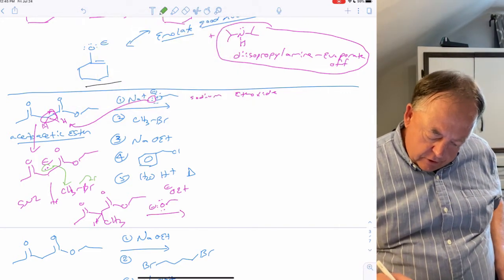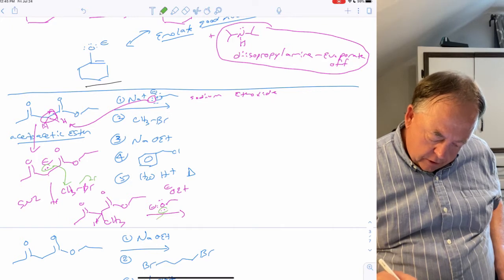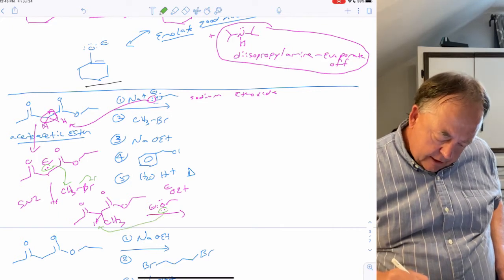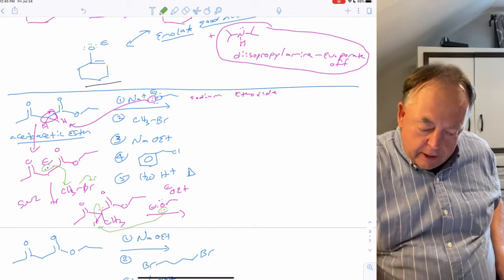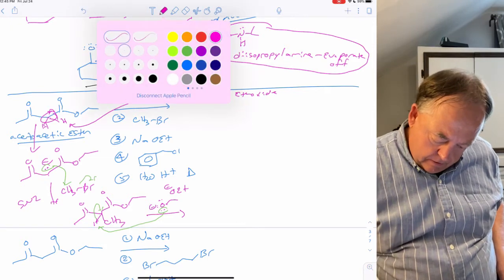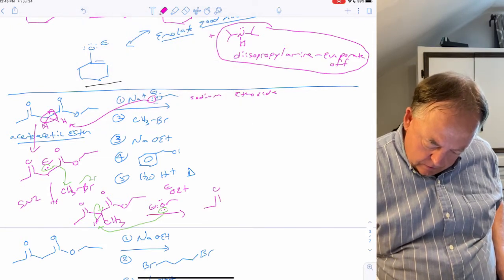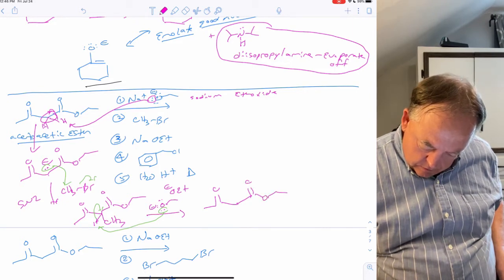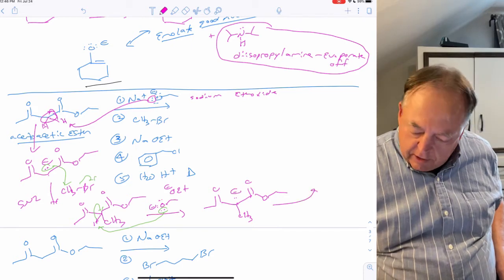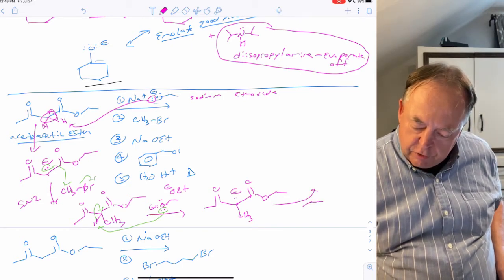So since there's another acidic hydrogen there, if you react it with another equivalent, you can take that hydrogen off and make another lone pair. And if you react that with another alkyl halide, then you can do another SN2.